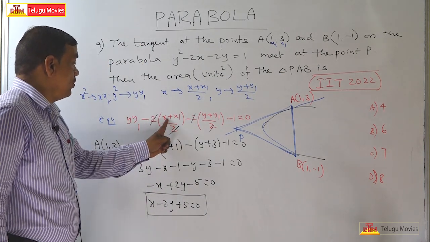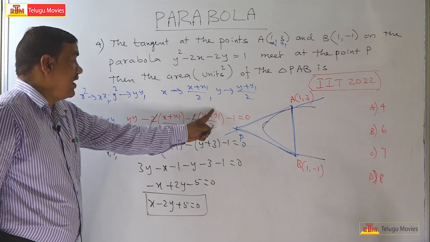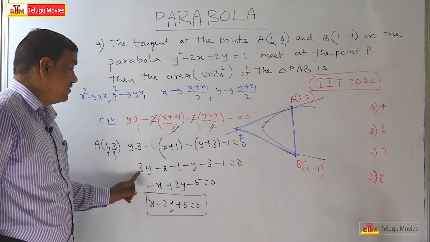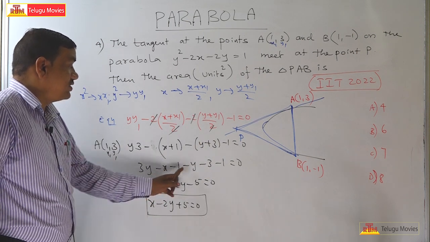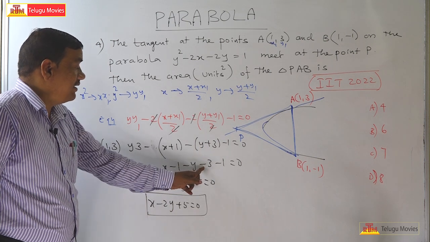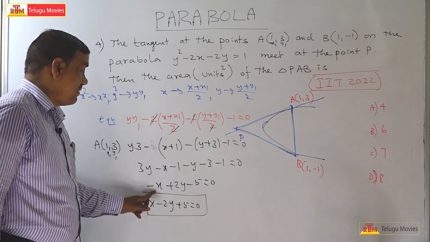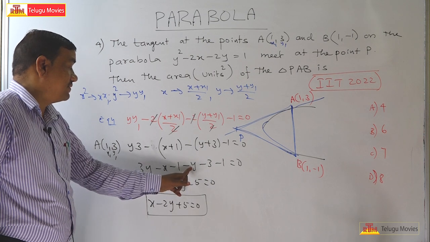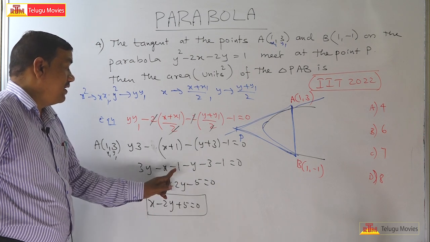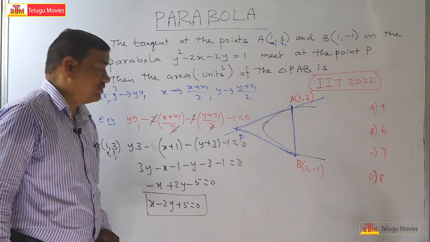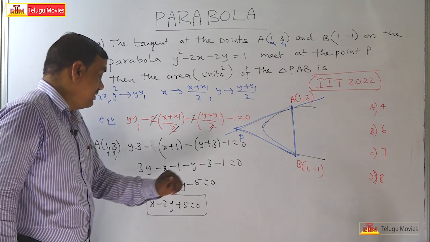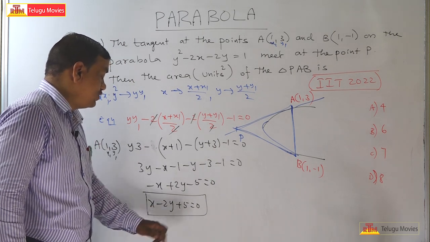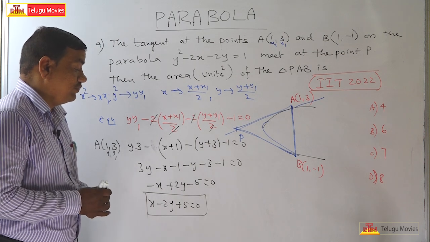So here 3y minus x minus 1 minus y minus 3 minus 1. So this is minus x, 3y minus y that is 2y, minus 1 minus 3 minus 1, minus 5. So you multiply with minus: x minus 2y plus 5 is equal to 0.